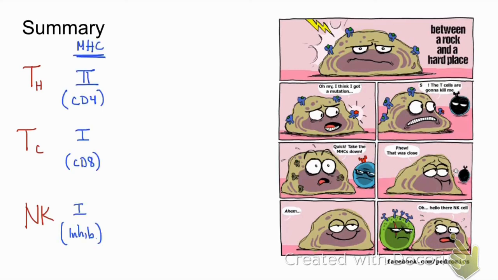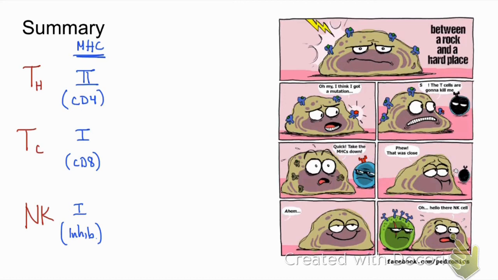In this little table here, I'm summarizing for you the major histocompatibility complex that each of these cells interact with. We said that for T cells, they require three signals for activation. One, the T cell receptor must interact with a particular epitope. Two, the co-receptor must interact with MHC. And then third, these cells must respond to cytokines.